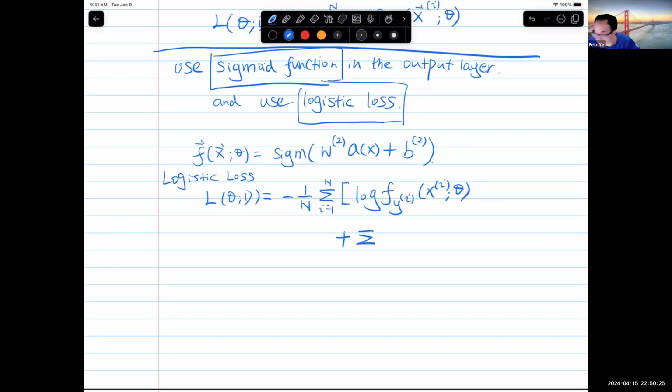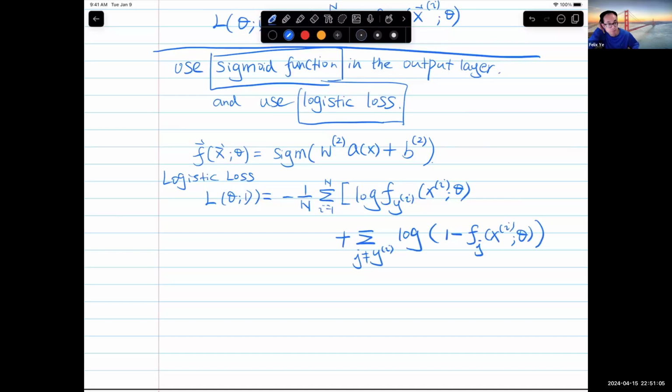This is being used in the binary, sorry, in the logistic regression as well. So this is the sum over j not equal to y^(i), and this is also very commonly used in logistic regression: log of 1 minus f_j(x^(i), theta).